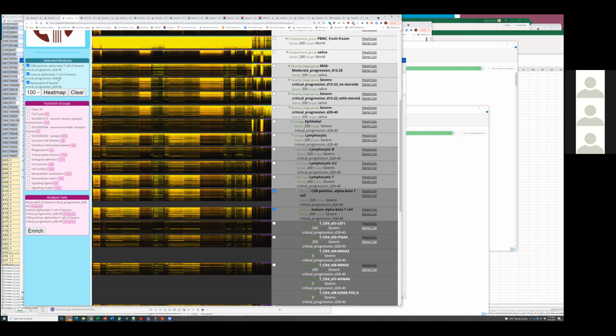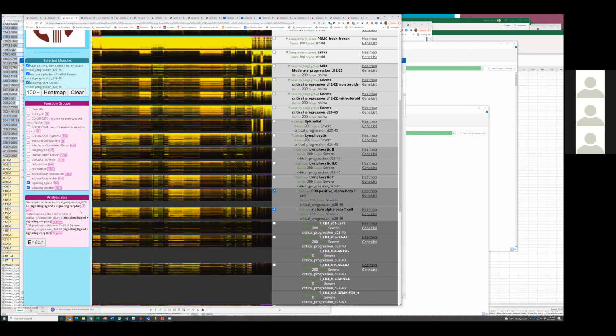So now I've got three signatures in here, and I'm asking the question when I set it up like this: is there communication between the neutrophils and the T cells? And you can limit that to ligands and receptors by clicking those two boxes.